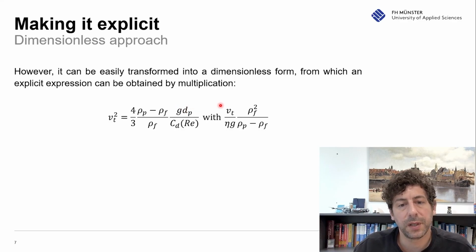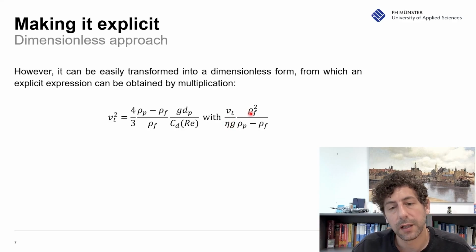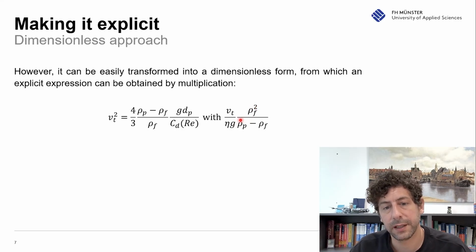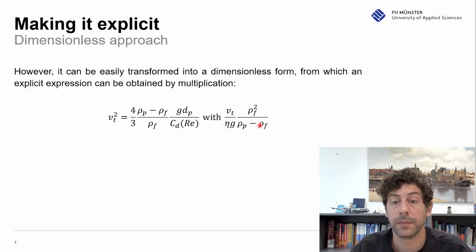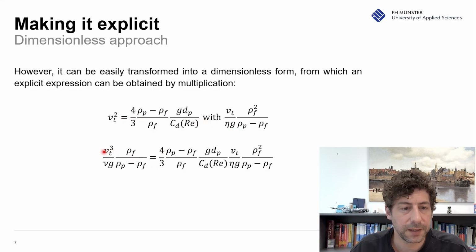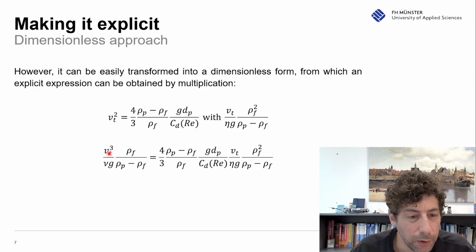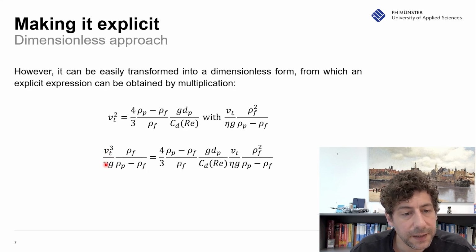And we can do this by multiplying the full equation with velocity divided by viscosity, g, density of the fluid to the power of 2, and then we have here density of the particle minus density of the fluid. And if we multiply both sides, we get this expression, so v and v squared, so v to the power 3. And there you have to be careful, this is the terminal velocity, and this is the kinematic viscosity, right?